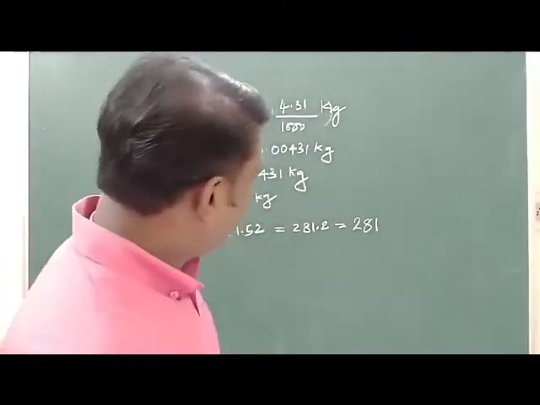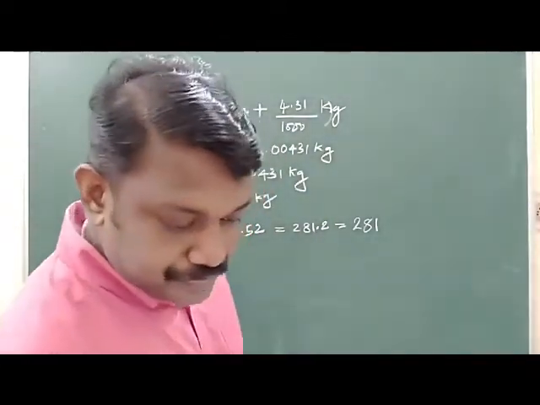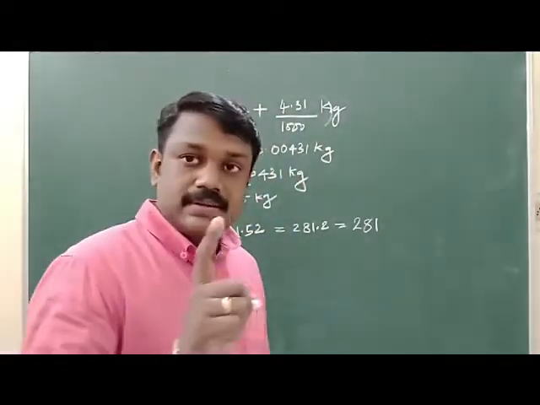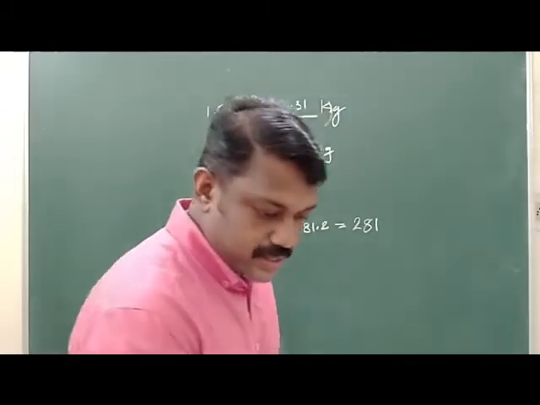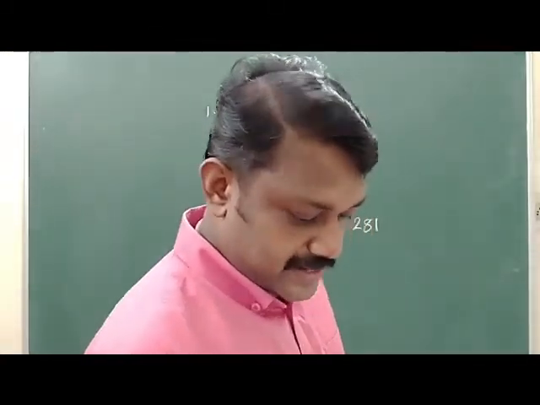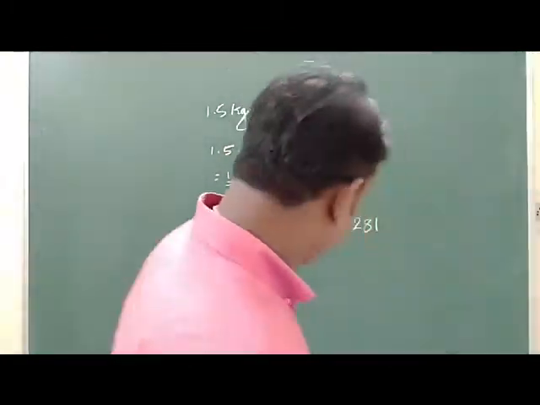So first of all, you have to convert the length, breadth and height into a single unit. Here the height is given as 8.4 millimeter, so you have to convert that into centimeter.